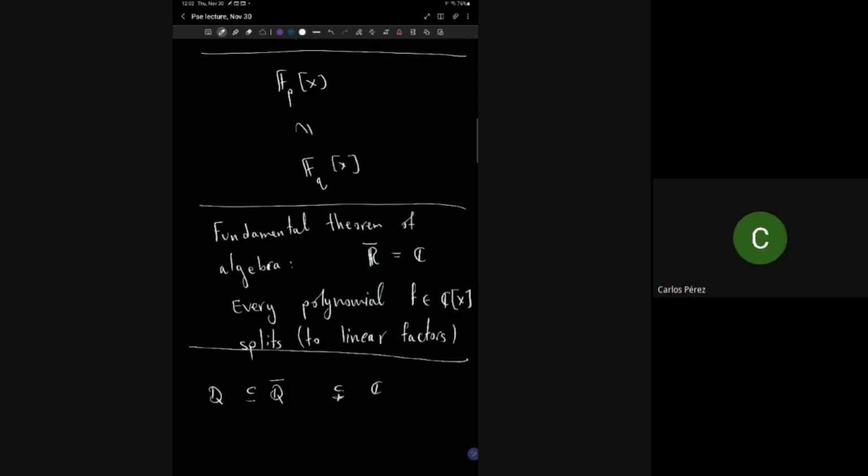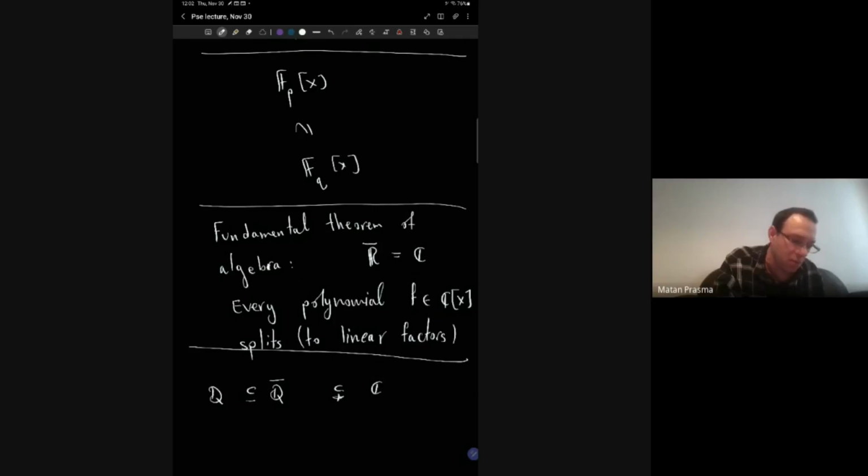We will not see it because we don't need it. We only need the algebraic closure of finite fields. I'm not sure we even use the fundamental theorem of algebra. But it is useful to know.